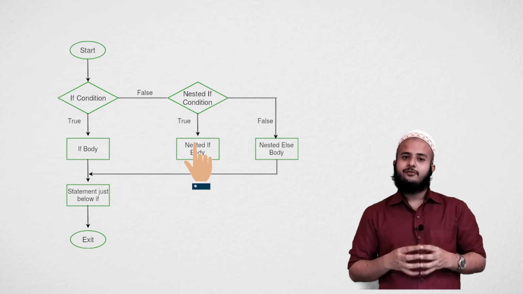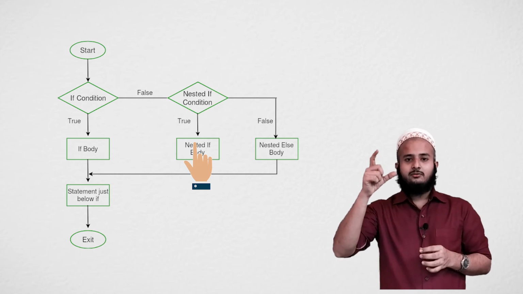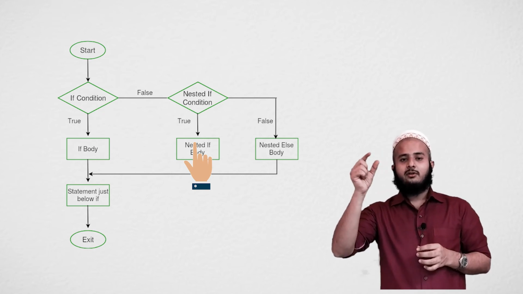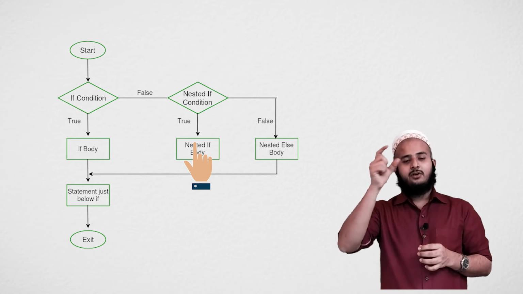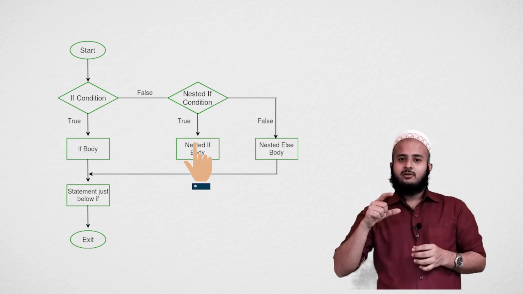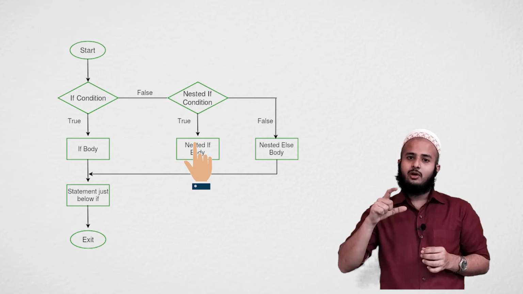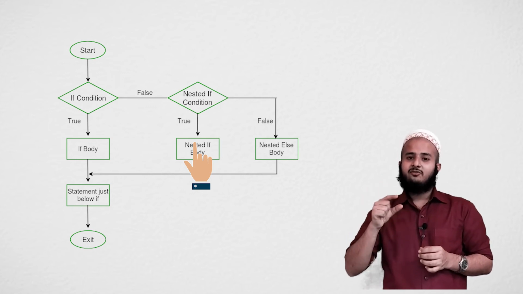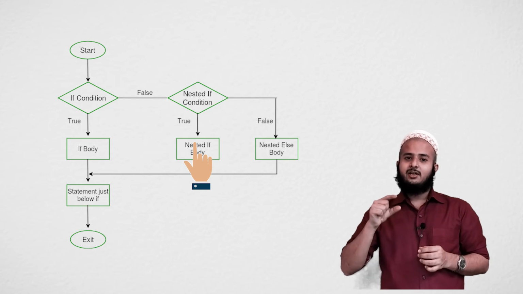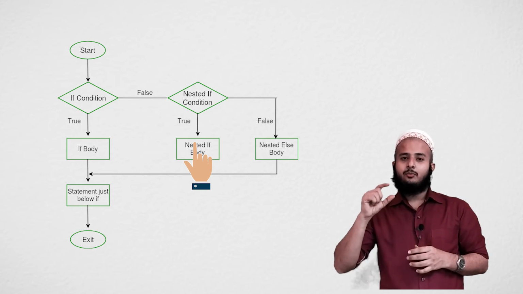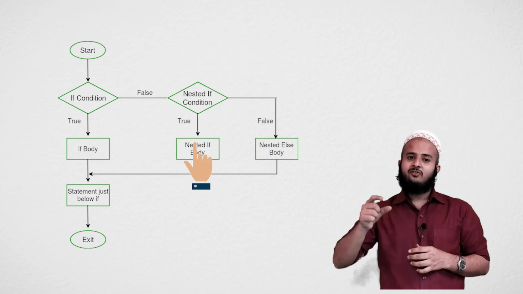That means if the condition gives a true result, then in the if block there is again an if block. And if the condition gives a false result, then the control goes to the else block, and inside the else block you have an if block, and that if block is known as the nested if block. Nested if block means an if block inside an if block or an if block inside an else block.